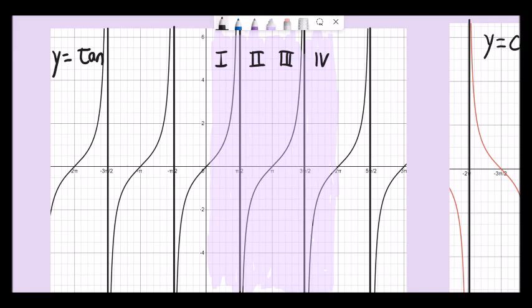We notice that the asymptotes are not at all multiples of pi over 2, because pi is a multiple of pi over 2, and tangent is defined at pi. But it's undefined at pi over 2, and from there you just add pi. On the other side, the same thing: it's undefined at negative pi over 2, and then you just add pi, and it's going to be undefined at each of those intervals.